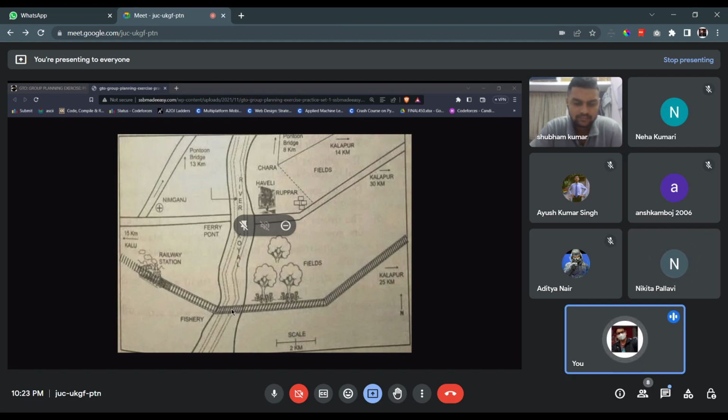So roughly it is around 10 kilometers we could say from the fishery to the Haveli through the river. If we reach the railway station around 10, then from there to the fishery, the distance is around 8 kilometers, so I think within 1 hour we can travel that distance.